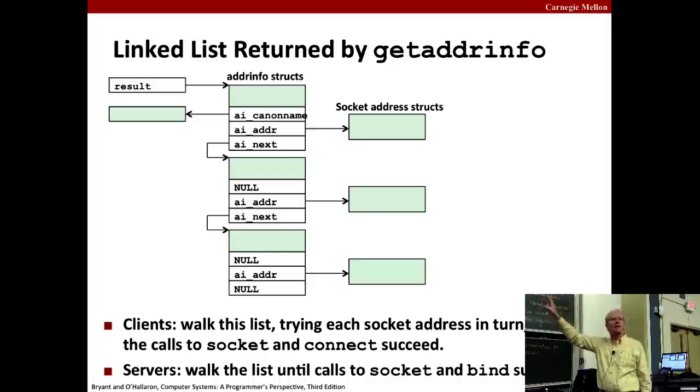The first will be the canonical name, and then it will give each of the 4 IP addresses that's relevant at this particular time. And then you as a programmer walk this list. You step down this list and typically try to use each address one after the other. And if you fail on one, then you try the next and try the next until you hit the end of the list, and then you say, oops, can't do it. And that goes whether you're writing a client or a server.